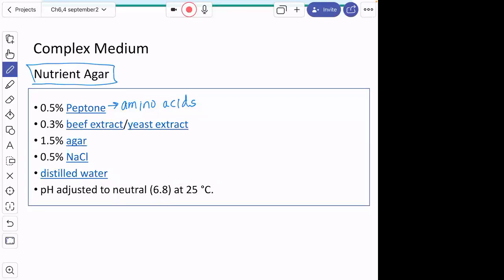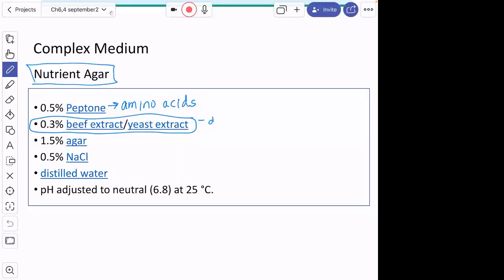This next ingredient is what makes it complex. Beef extract or yeast extract. This is, say, beef that's been digested with enzymes to release a slew of nutrients. So things like carbohydrates and vitamins and minerals.